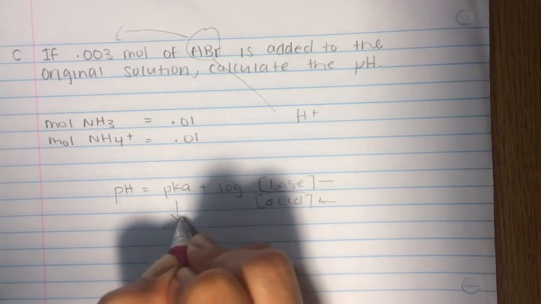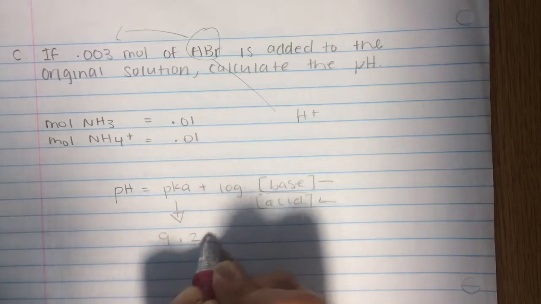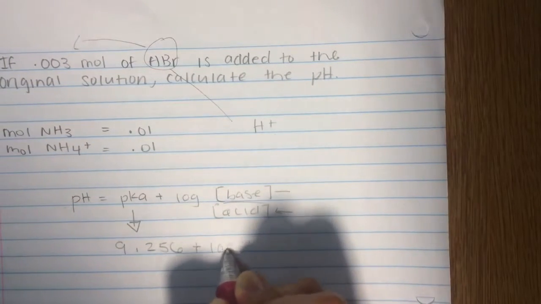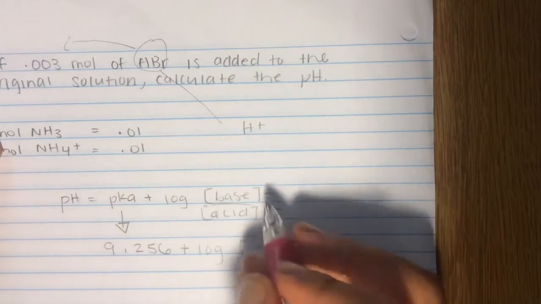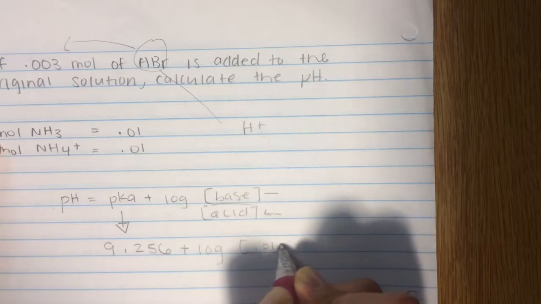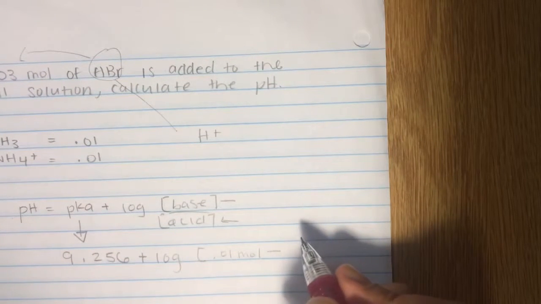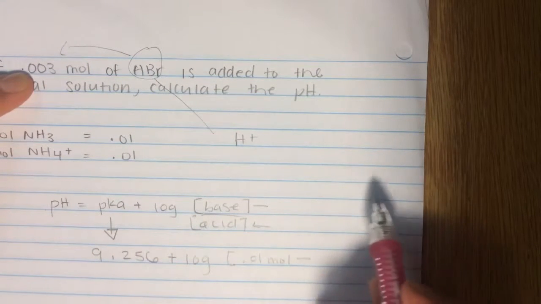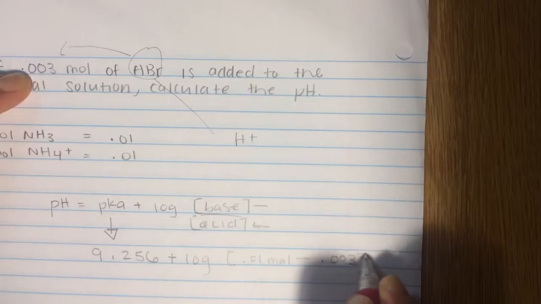So since you already figured the pKa, which is 9.256, you're just going to add plus the log of your base, which was the moles of NH3. So you have 0.01 moles of NH3 minus the amount of moles of HBr, which is 0.003.